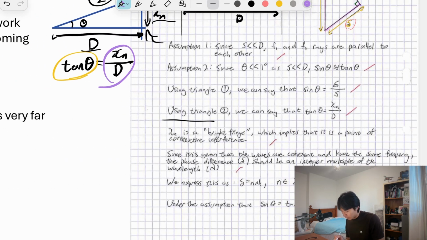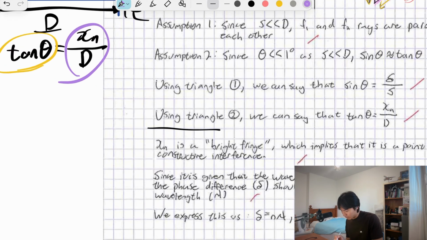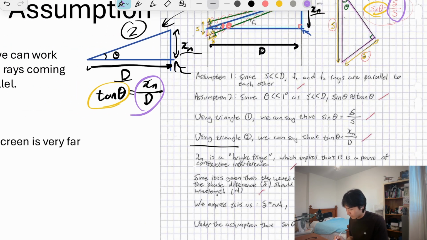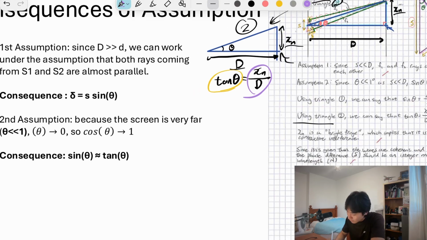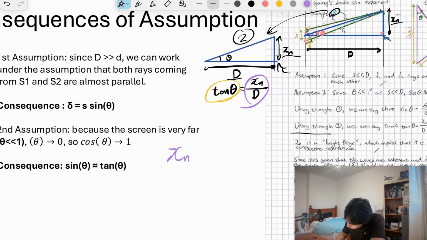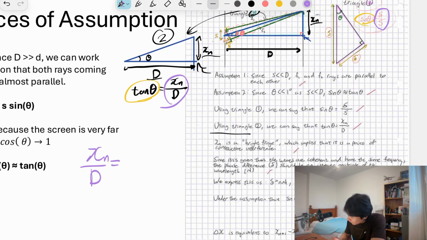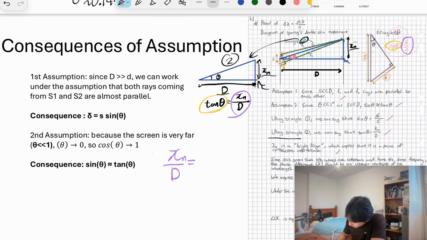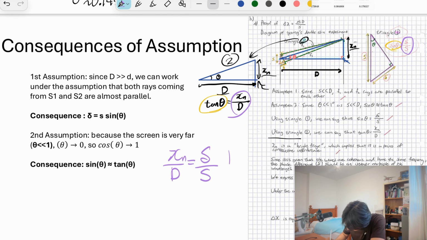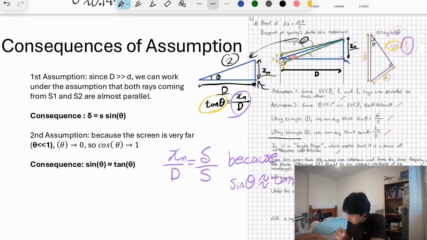I haven't written that down yet, but from that step we can say that xn over d is delta over S, because sine theta is basically equal to tan theta. That makes sense, right?